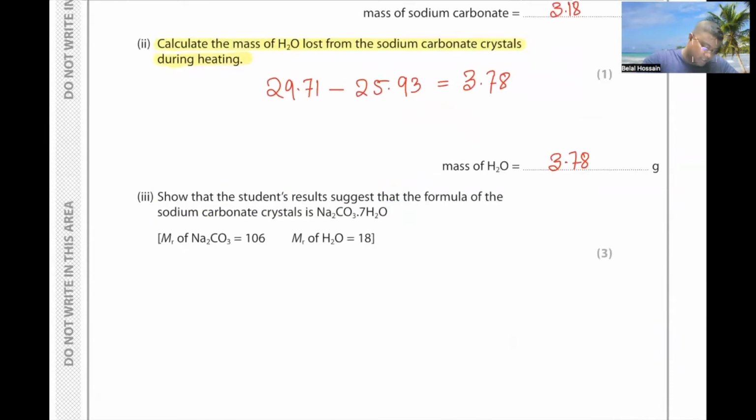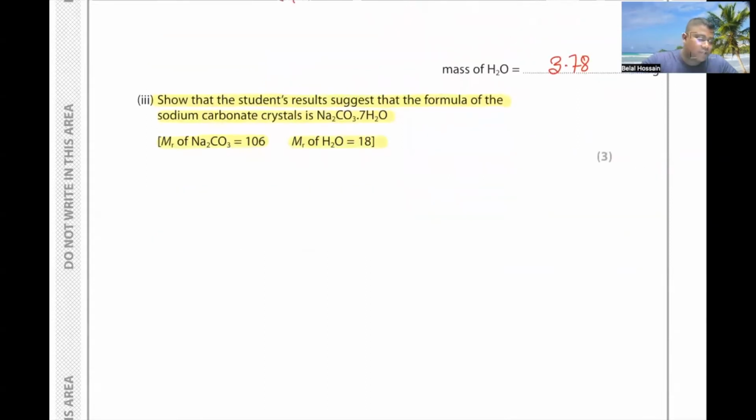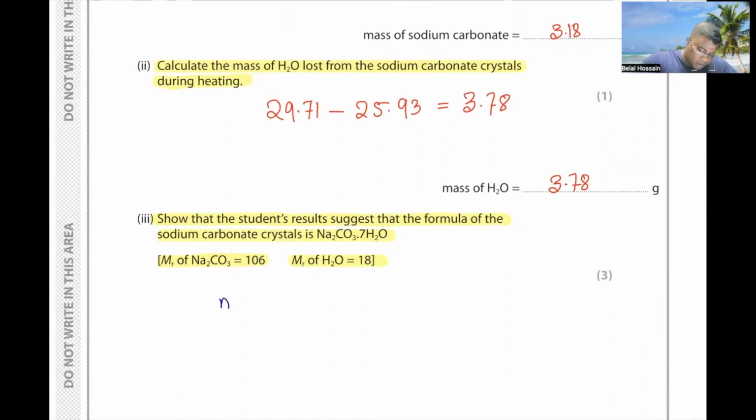Now the question says, show that the student's results suggest that the formula of the sodium carbonate crystal is Na2CO3.7H2O. We are given the Mr of Na2CO3 and the Mr of H2O. So first of all, we need to calculate the number of moles of sodium carbonate, Na2CO3.